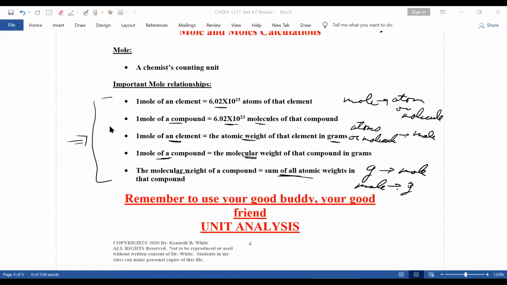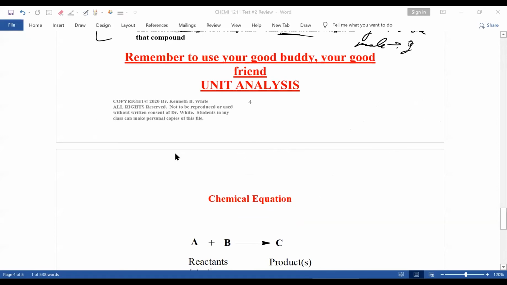Remember, unit analysis: what you start with, you look at what you end up with, and then you have a ratio, and you put what you're trying to get to on top, what you're trying to get rid of unit-wise on bottom, and you use these relationships to do that.